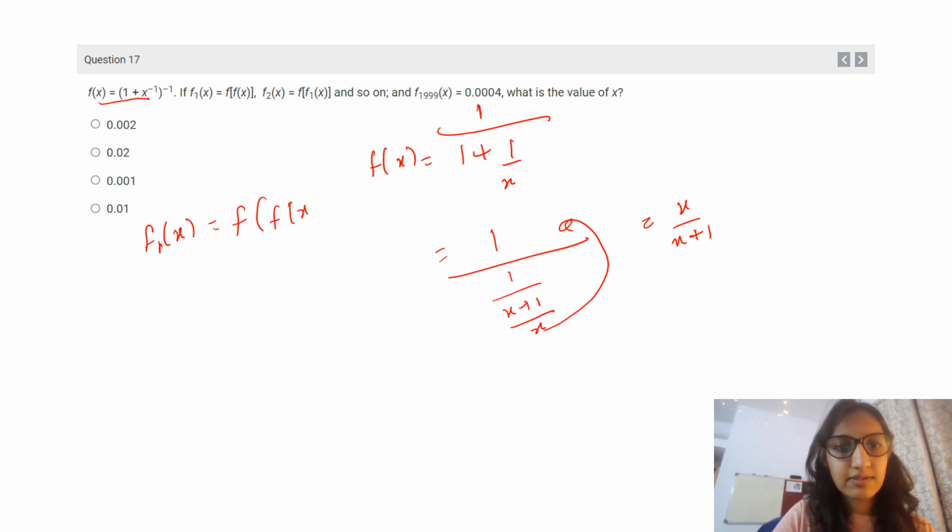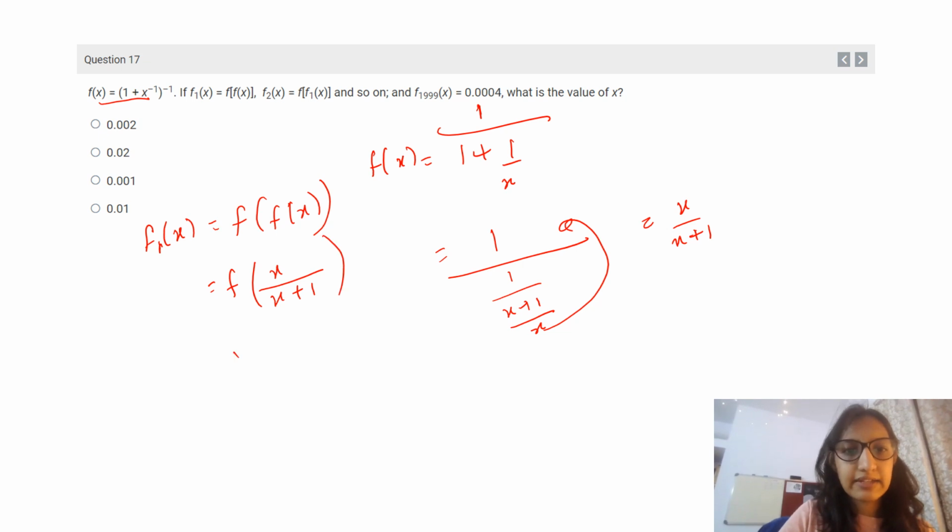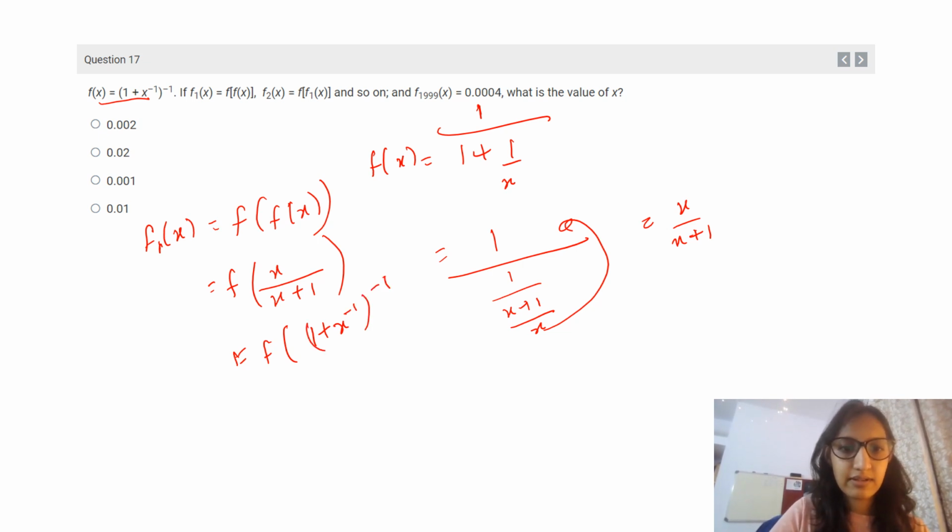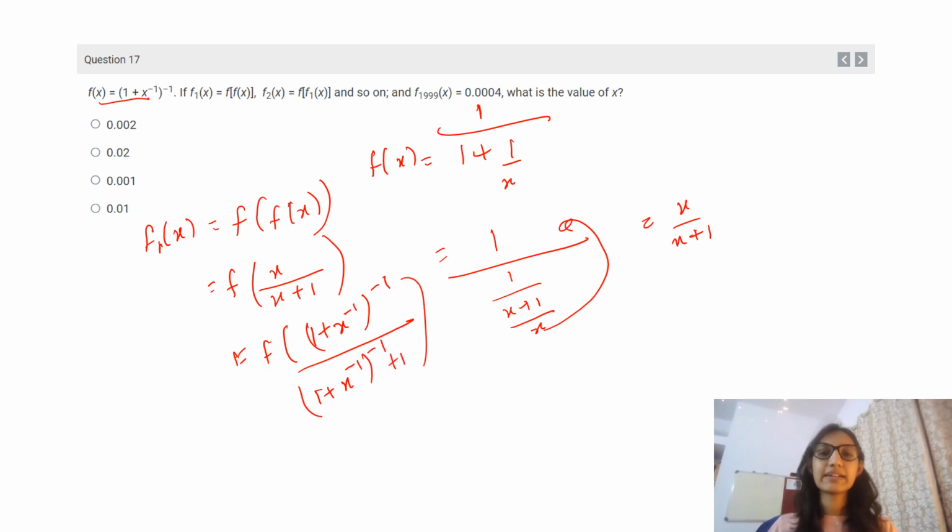That means you'll have to write 1 plus, and in place of x you write (1 plus x to the power minus 1) to the power minus 1, and just keep on simplifying this. This might eat up a lot of your time, so right now we are not doing it, and you might as well skip. Okay, let's move to the next question for now.